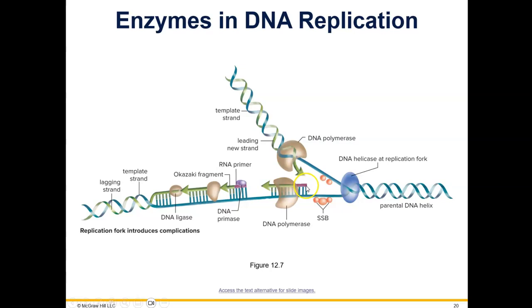That's actually RNA nucleotides attached to the parental DNA, and they also attach by complementary base pairing. So the DNA polymerase then adds nucleotides to that little piece called an Okazaki fragment. Then it comes in and adds nucleotides to the other pieces. And after that, in the lagging strand only, an enzyme called DNA ligase seals the fragments together to form one continuous strand.